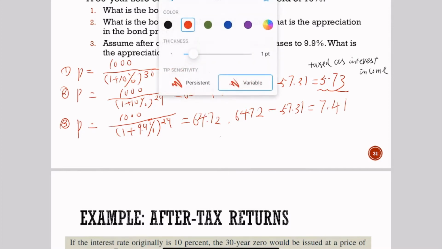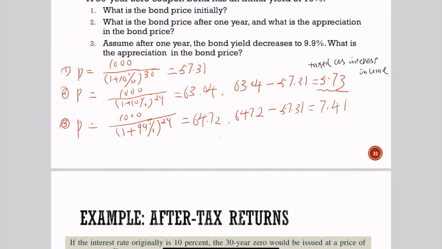Well, first you can see that this 7.41 can be decomposed into two parts. The first is 5.73, and the other part would be 7.41 minus 5.73, which is 1.68.